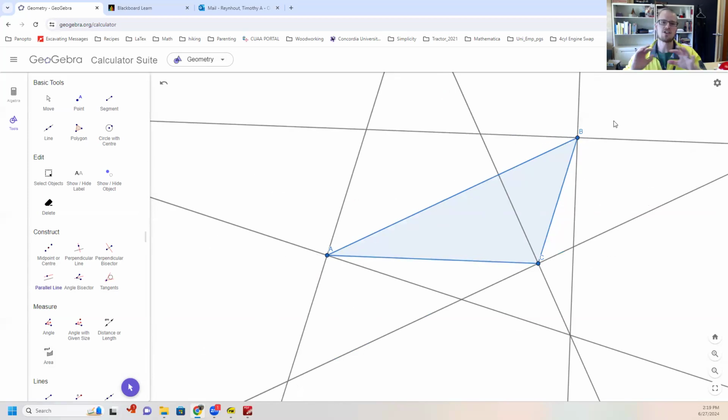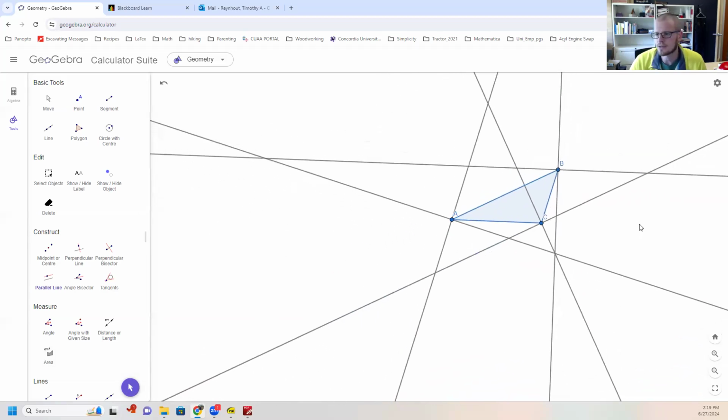Now we have this huge mess of lines happening. So I'm going to change the colors a little bit here. Oh, that's not what I want. I'm trying to simply move things around. Move. Here we go.